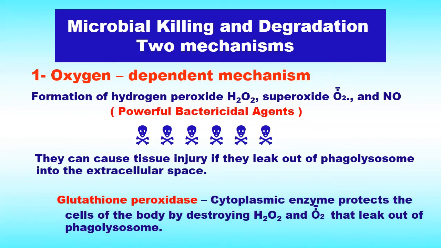So, there is a cytoplasmic enzyme called glutathione peroxidase, which protects the cells of the body by destroying hydrogen peroxide and superoxide that leak out of the phagolysosome.